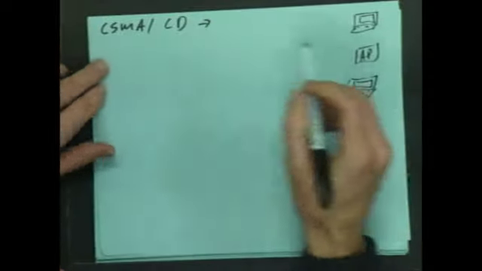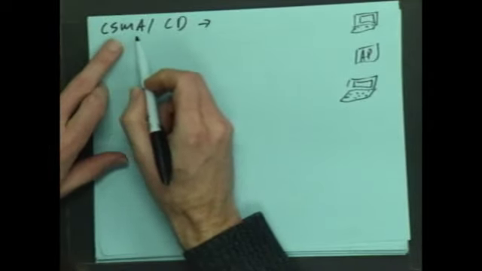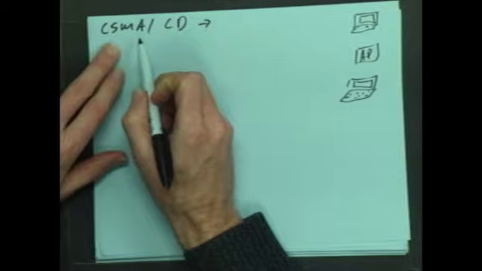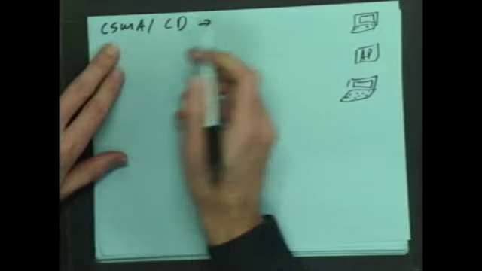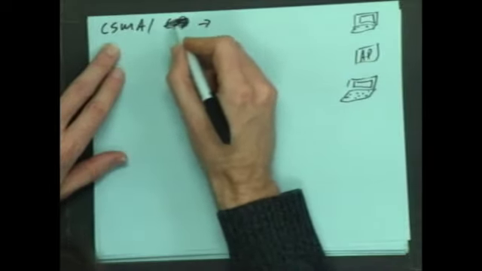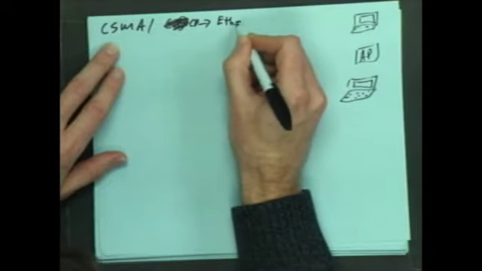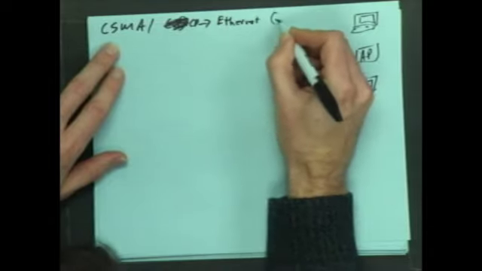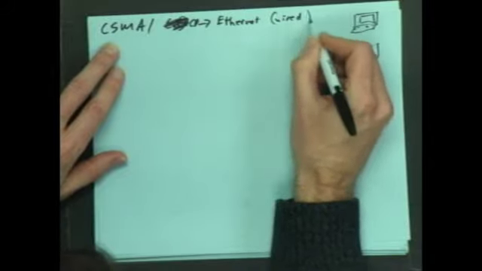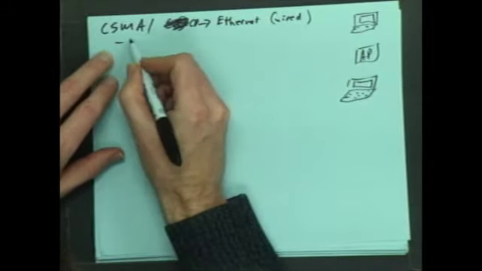This is a lot like Ethernet. The CSMA is actually what the wired Ethernet uses. Oops, that's not CSMA/CD, sorry. CSMA/CD is the Ethernet on the wired.